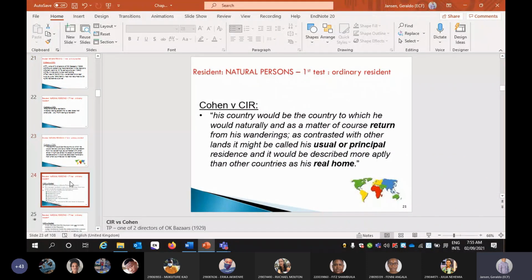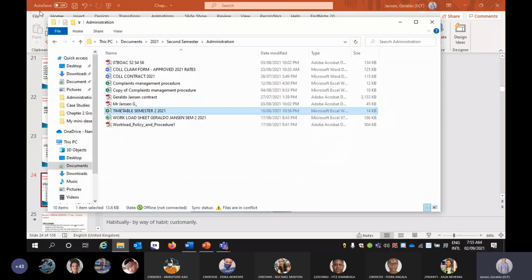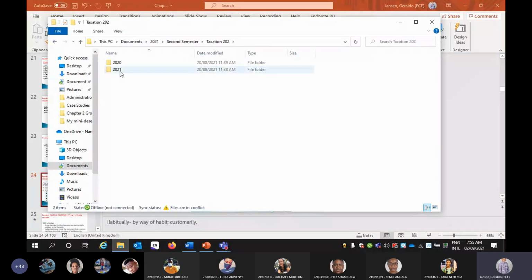Now here the Commissioner of Inland Revenue challenged Mr. Kittel, and just to give you background, guys, where do I get this background? In these court cases. Let me show you. I need to show you this so that people don't think I'm sucking this out of my thumb, and you actually need to go through these court cases. Okay, so there's Cohen.